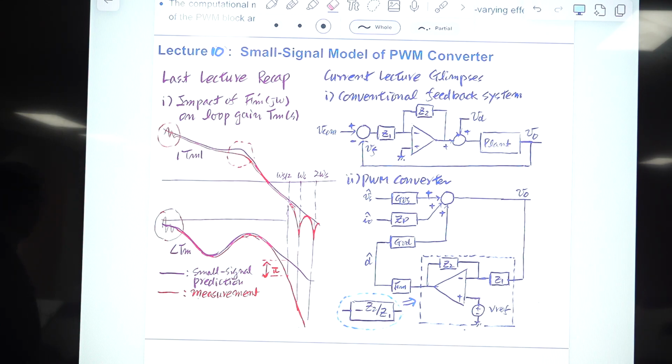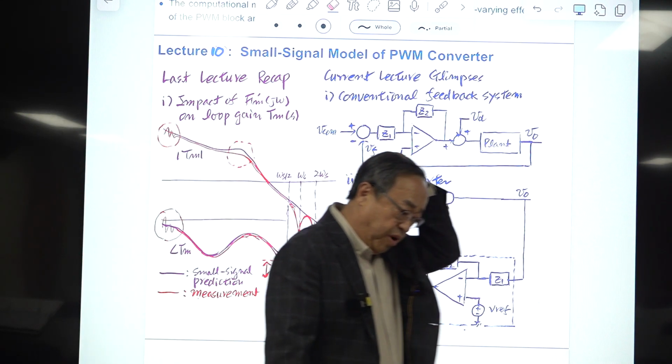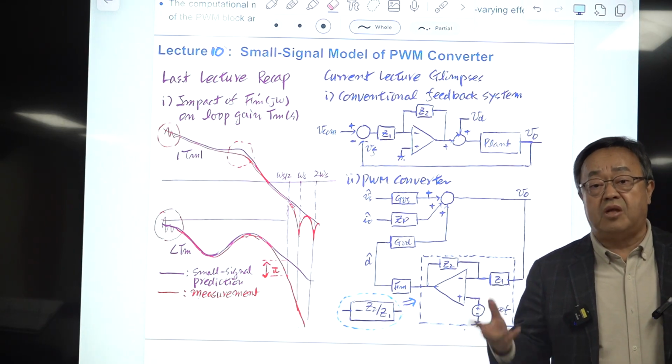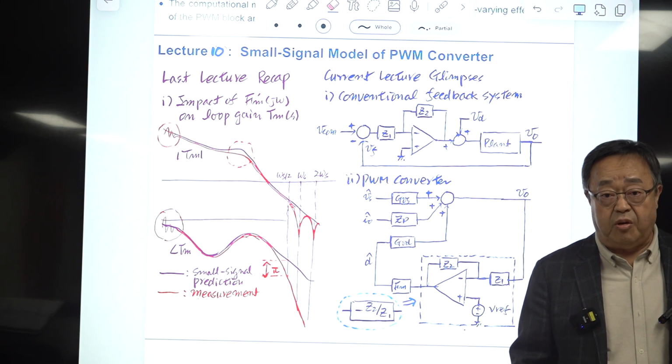The remaining job is to discuss how we combine everything to form the small signal model of the complete PWM converter.